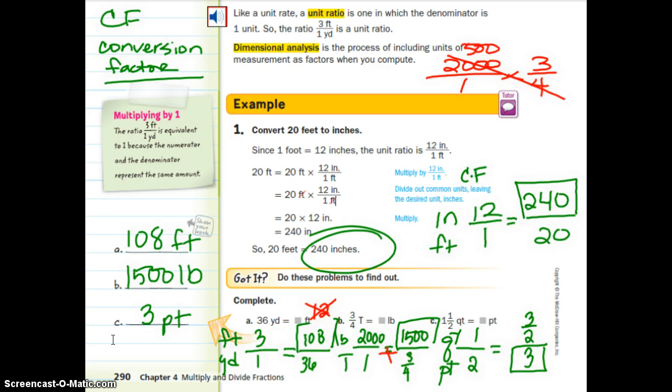And again, I'm going to do the same thing with the quarts and the pints. 1 quart is 2 pints. I'm going to cross multiply 2 times 3/2. Look, the 2's disappear. All I have left is my 3.